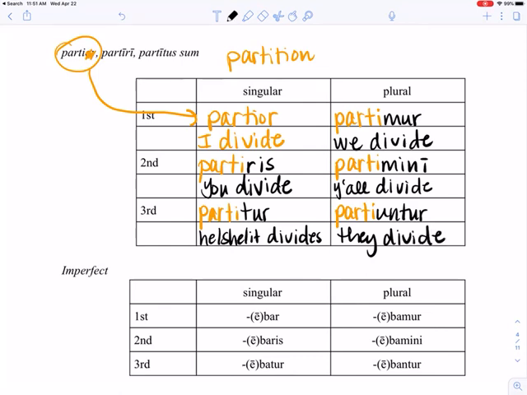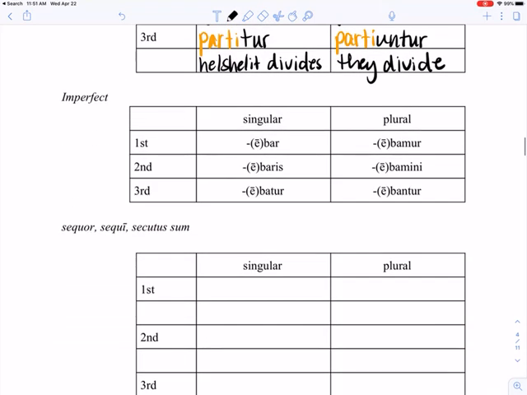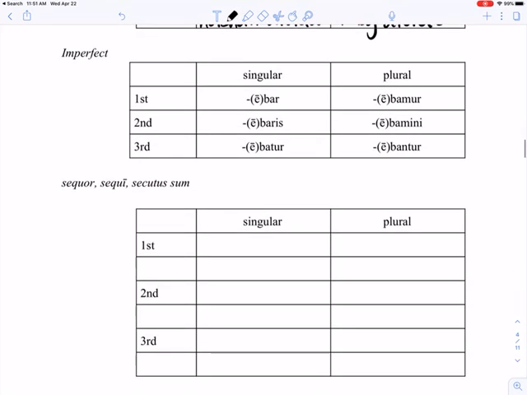Okay, so we're moving into imperfect. And again, we have seen these endings before: bar, baris, batur, bamur, bamini, bantur. You guys are always really good about being able to tell me how you know that something's imperfect.